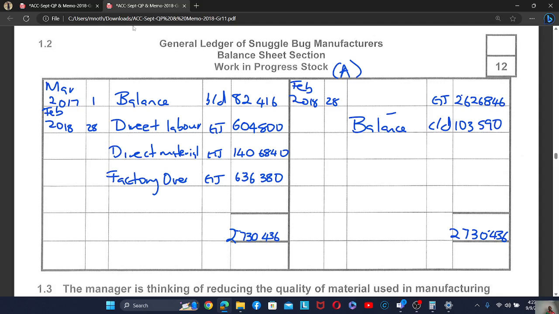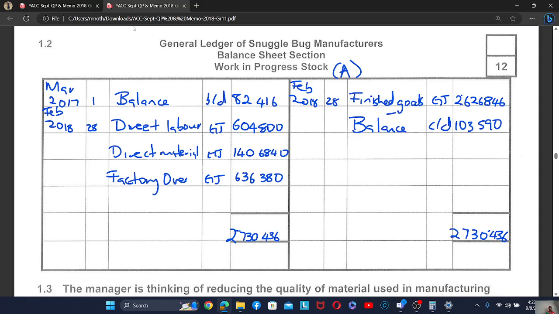Okay. So this means that these are the goods that were sent to the finished goods. So this is your work in process. We are done with it. And the balance carried down, that's the stock that was not used, I mean, that was not the finished good stock.